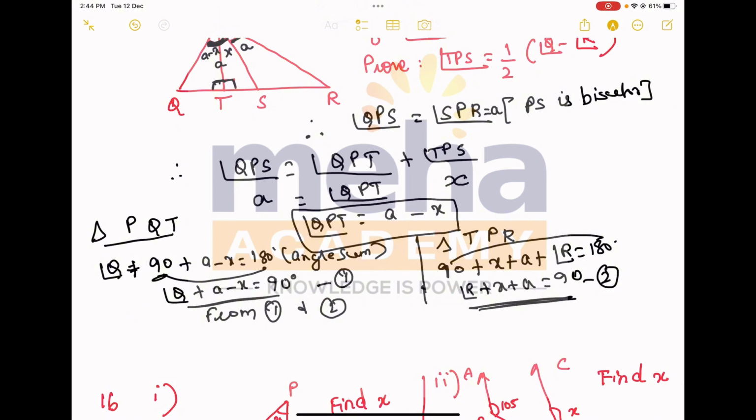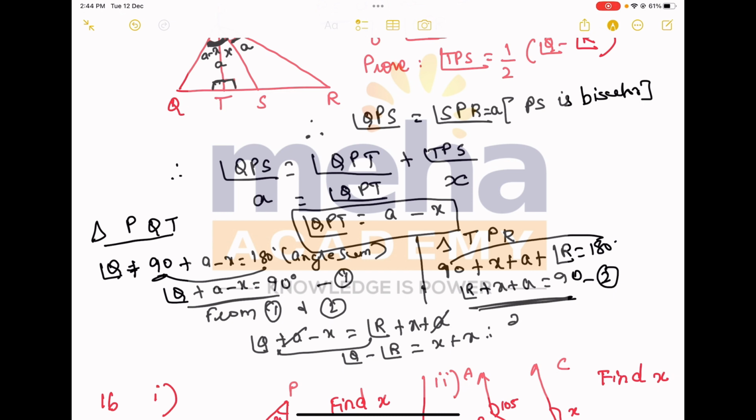So I will equate LHS to RHS: angle Q plus A minus X equals angle R plus X plus A. What we have to show is Q minus R. So I will bring the R to the other side. So angle Q minus angle R is equal to X plus X, and the A gets cancelled.